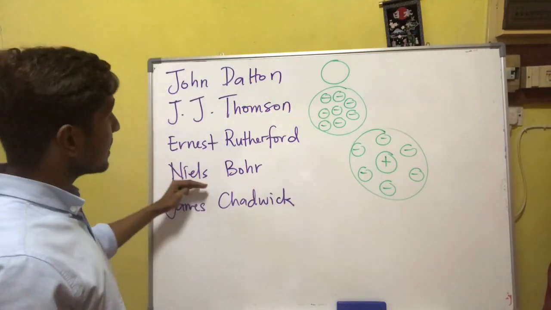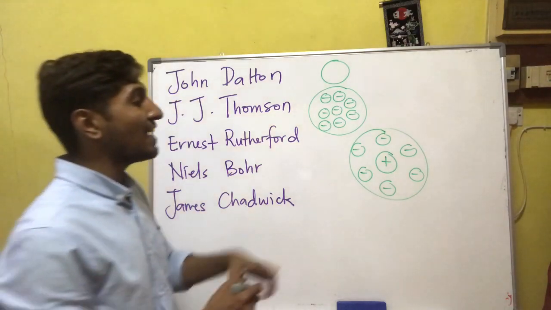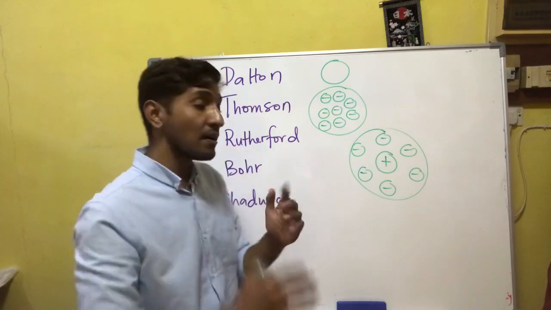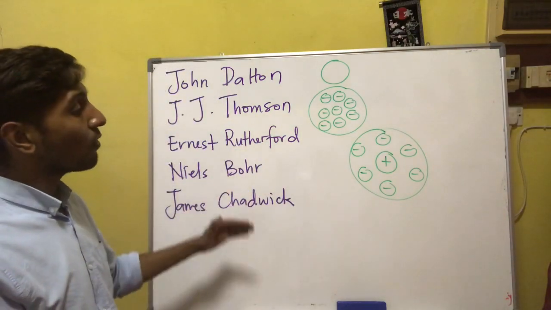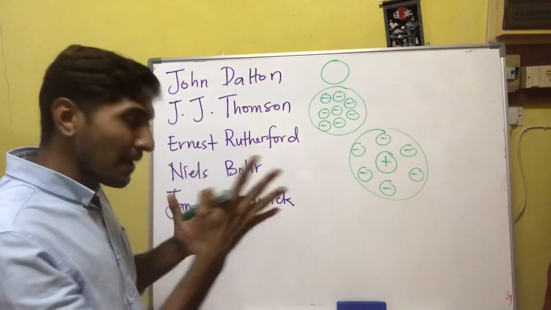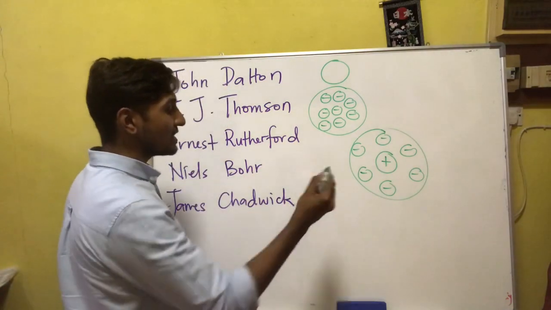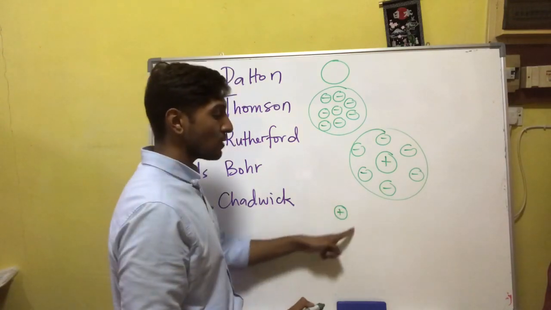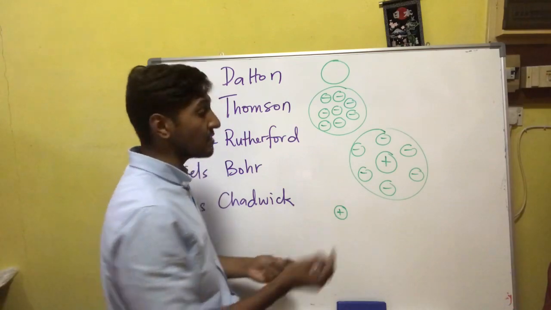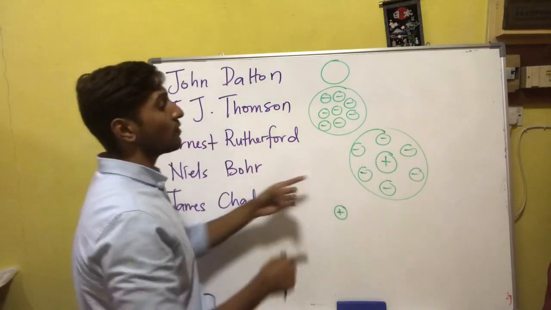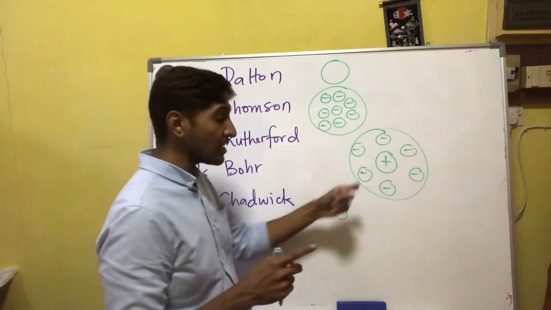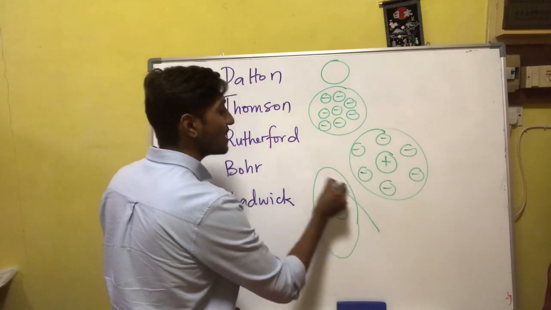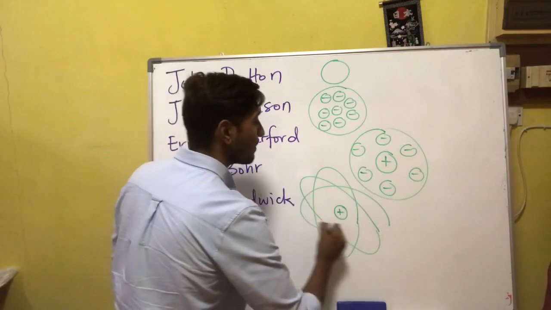Niels Bohr and James Chadwick had something a notch above. Niels Bohr discovered that the positive charge is situated in the middle, which we could call the nucleus. Ernest Rutherford also said that the positive charge acts as a nucleus, but Niels Bohr also postulated that there are existing shells, or we could call them orbits.